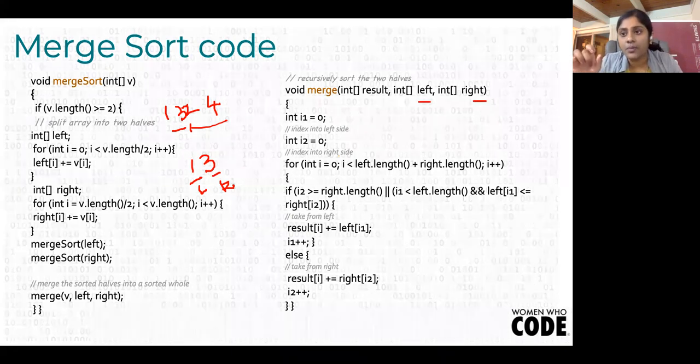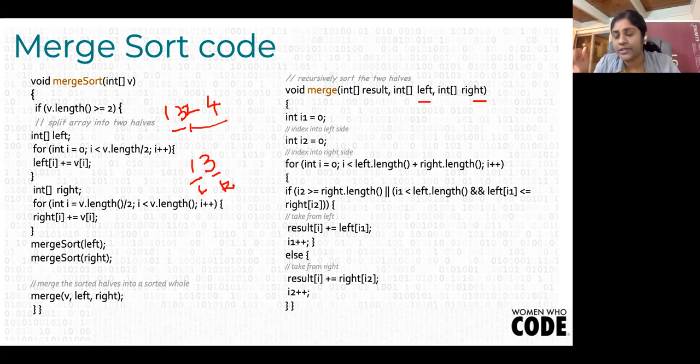You keep checking both the arrays at a time and see which element is the smallest in both. The smallest element, you add that to the result and increment the index count of that array so that you can compare the next element next time. Let's see how it is done.